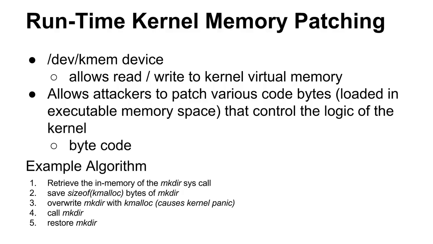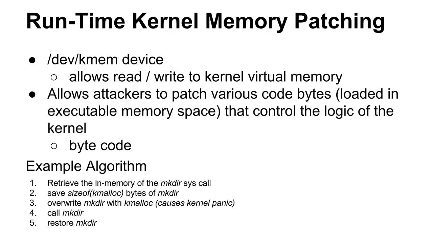So here's an example algorithm. Say we wanted to use this technique to patch one of the system calls to do something malicious instead. Let's target mkdir, which is the make new directory system call. The first thing you should do is, for however long your payload is, let's say our payload is just kmalloc for this instance, say it's 50 bytes, save the first 50 bytes of your target system call aside, just in temporary space.